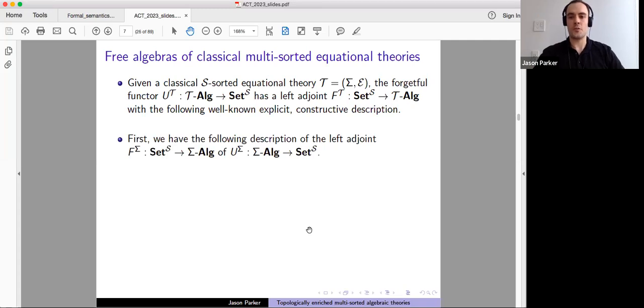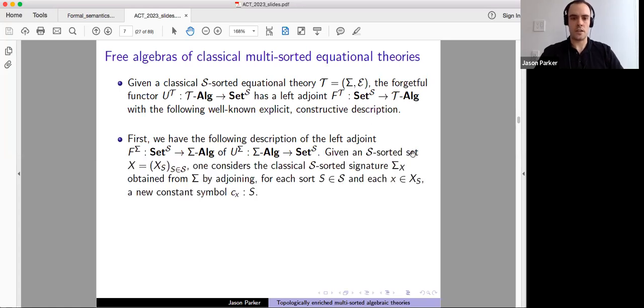So we'll start with first describing the free algebras for a signature, because the free algebras for a theory are basically built from the former. So given a signature sigma, we can describe its free algebras.